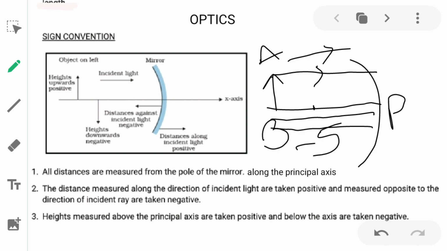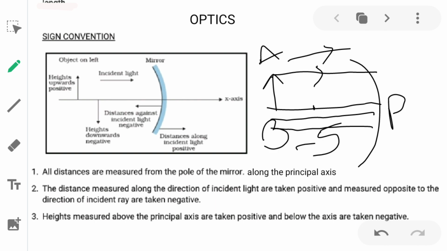How we are measuring the object distance? In the opposite direction to that of the incident ray, because incident ray is towards the right. Our direction of measurement from the pole to the object is towards the left, so the measurement has to be taken negative.